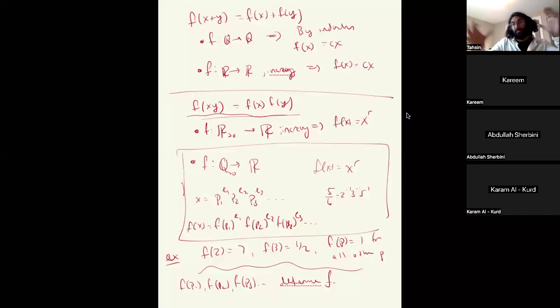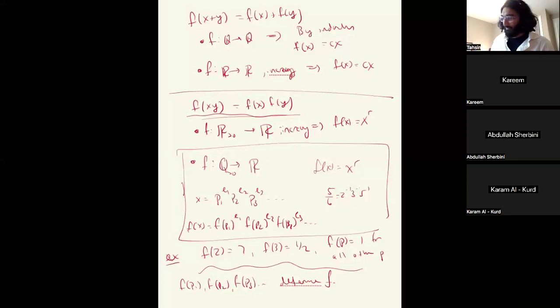So actually, there's a not that big, but still very big class of functions that satisfy this if I only require the domain to be positive rational. Does it make sense, Karim? Yeah.